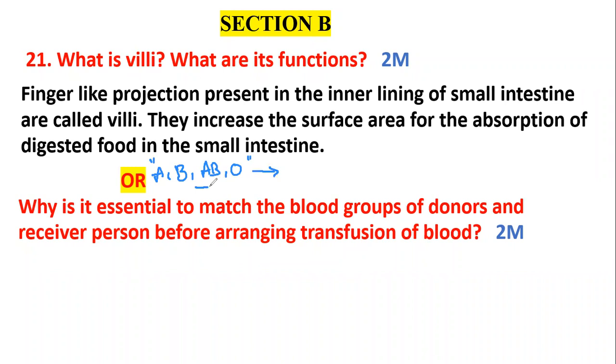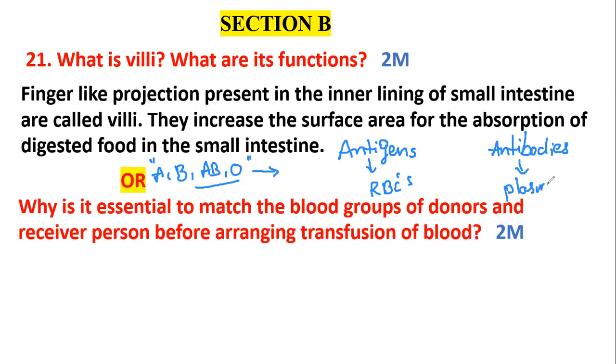How was the classification done? It depends on the antigens and antibodies present in the blood. Antigens are on the membrane of RBCs and antibodies are in the plasma of the blood.